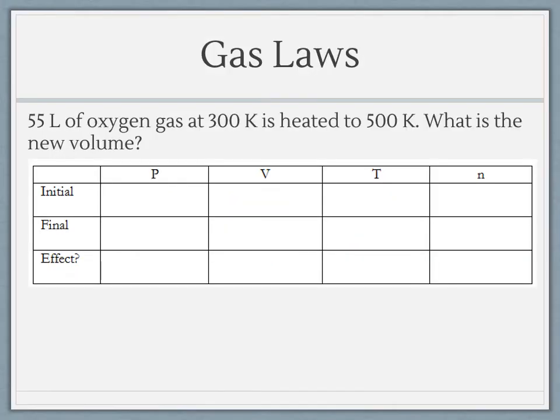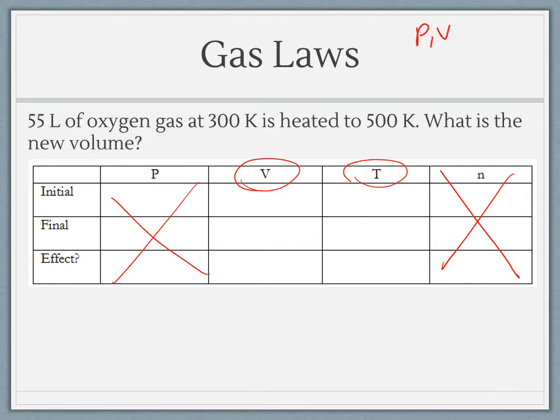All right, let's look at this next one. 55 liters of oxygen gas at 300 Kelvin is heated to 500. What's the new volume? For this one, we are not changing the pressure or the amount, so we're just focused on volume and temperature.